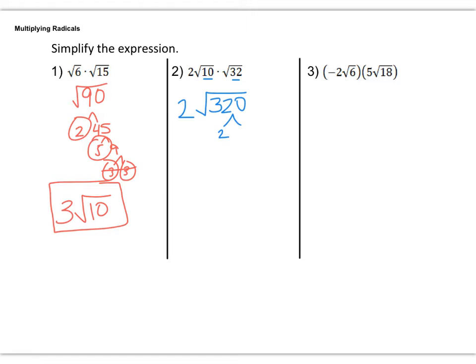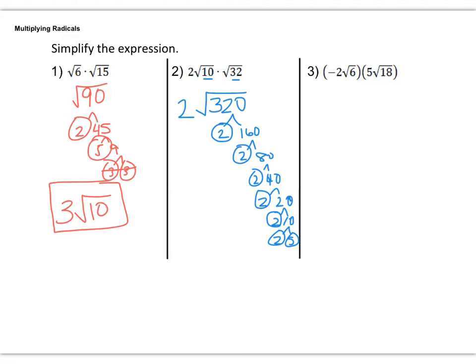So that is 2 and 160, and 2 and 80, 2 and 40, 2 and 20, 2 and 10, 2 and 5. Whew, a lot of 2's.